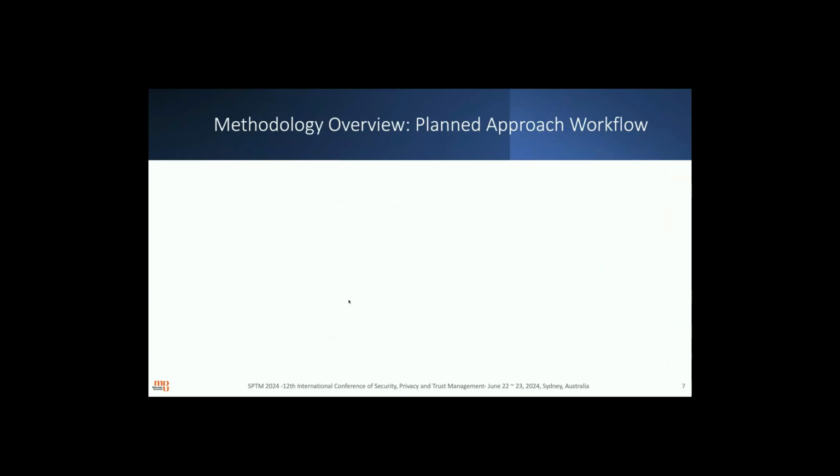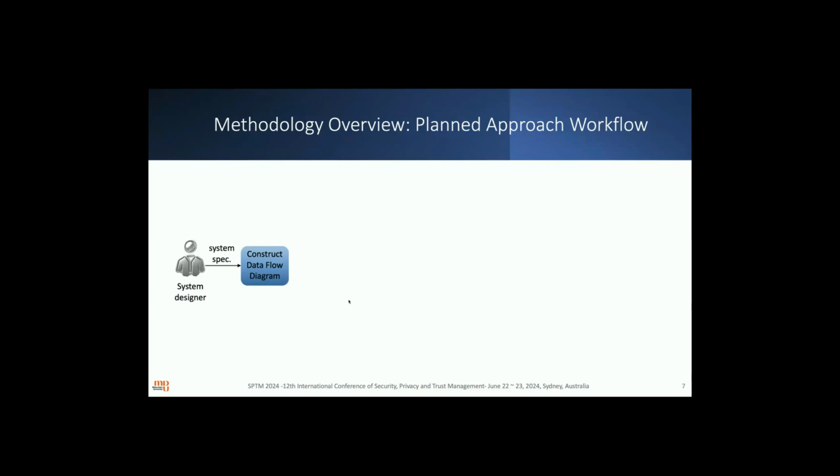Now let's dive into our approach for this study. This slide gives you a quick overview of all steps, and in the next slide, I'll break down each step in detail. We have the system designer, who can give us the system specification or requirements of the system.